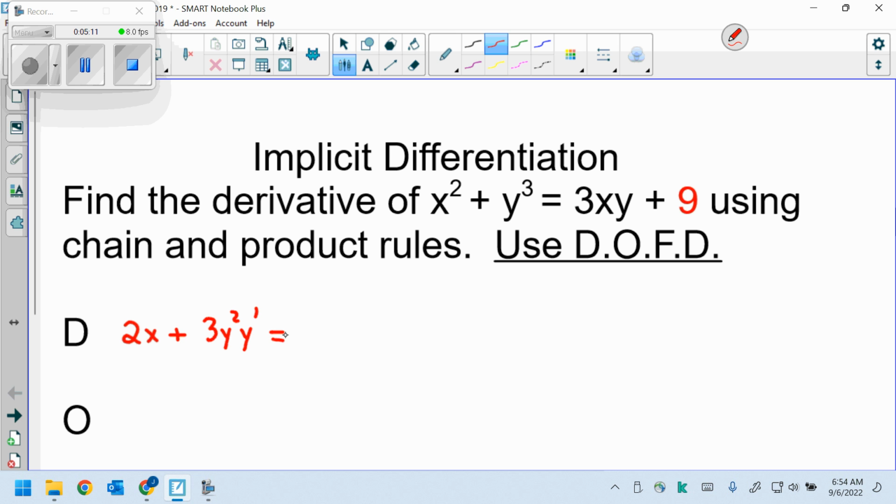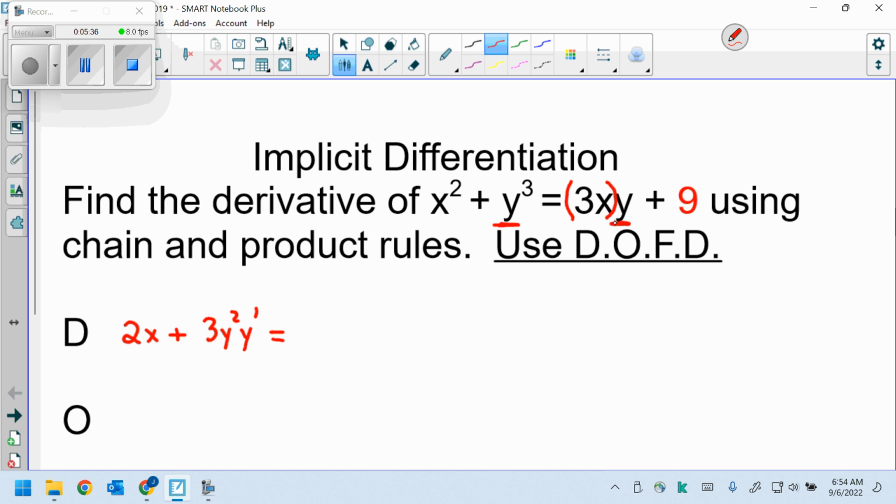Now we're going to have to use a product rule. And what you'll find in just about all of the implicit differentiation problems, identified because you got y's on both sides of the equal sign, or it's very difficult to get y all by itself, you will have a product rule.